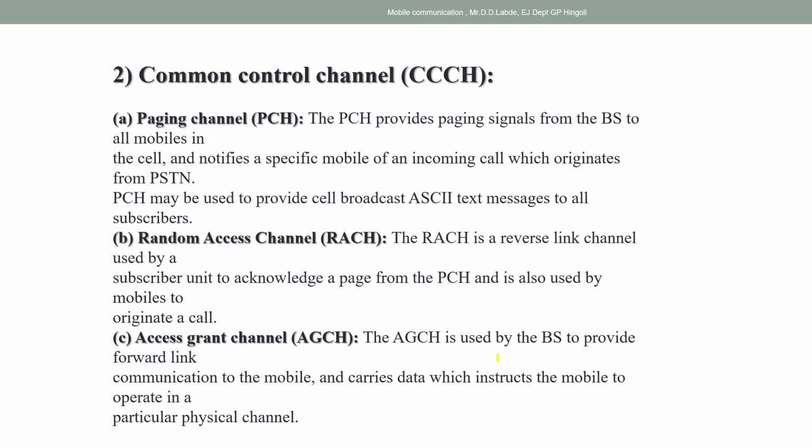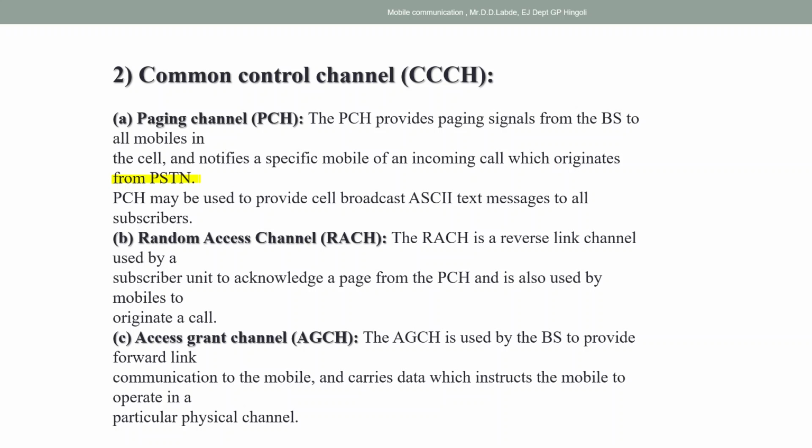In the common control channel, there are three different types, that is the paging channel, PCH, the random access channel, RACH, and the access grant channel. The paging channel provides the paging system. From the base station to the mobile, when you are calling any subscriber, your base station will send a message, called a paging message, to the mobile in the cell and notifies a specific mobile of an incoming call which originates from the PSTN.